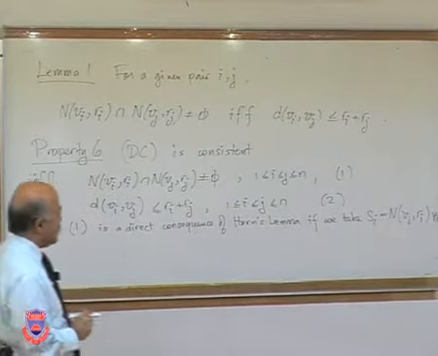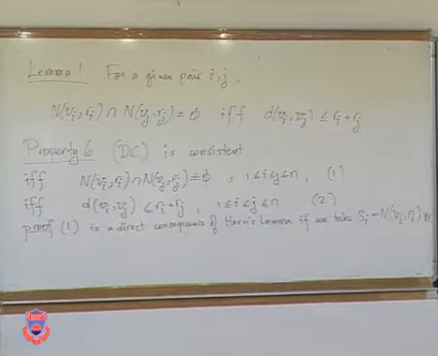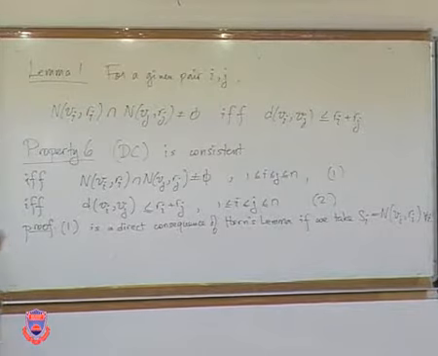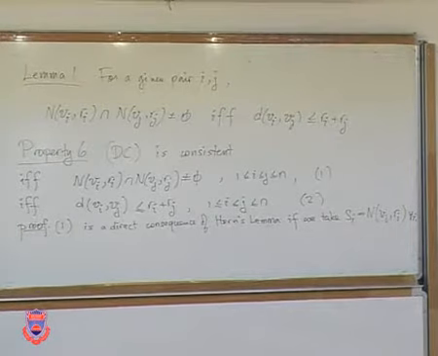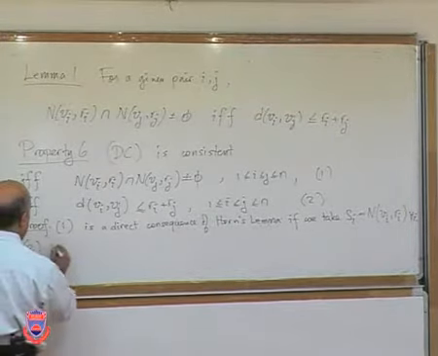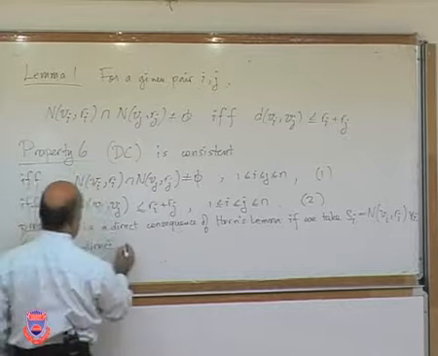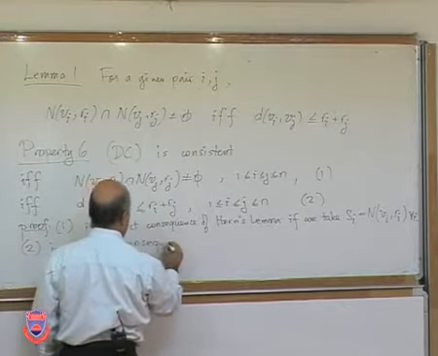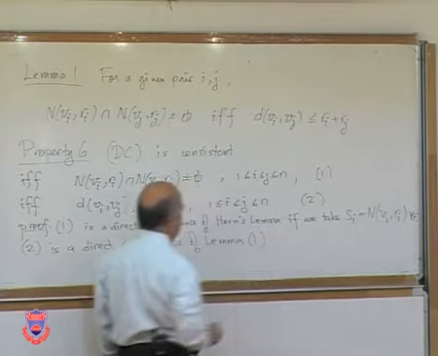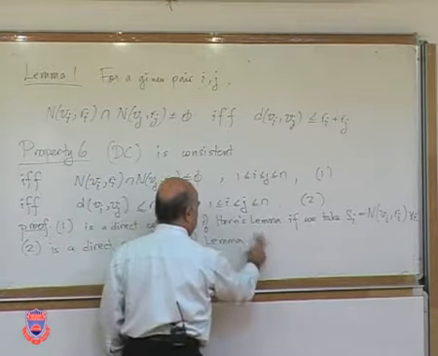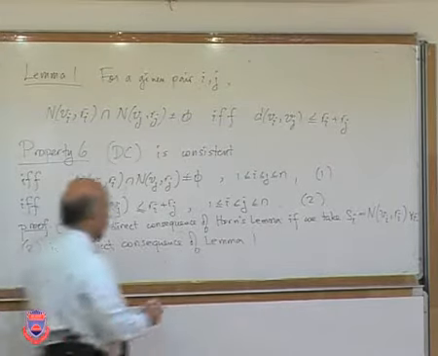Because every neighborhood is quite obviously a subtree which is compact and connected, and that of course follows from the continuity of the distance. All right. Number 2 is a direct consequence of lemma 1. That's the end of the proof. You can fill in the details, okay?